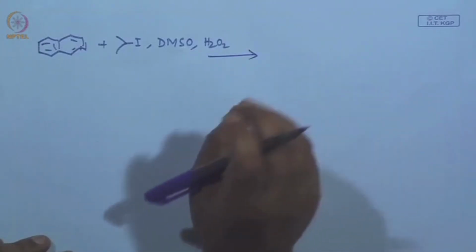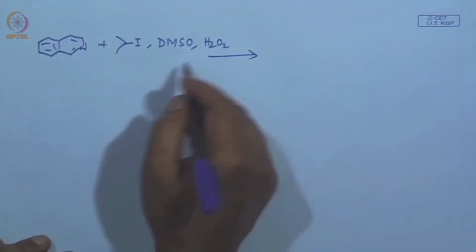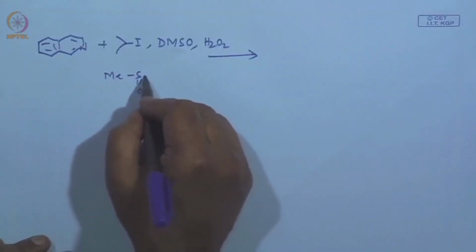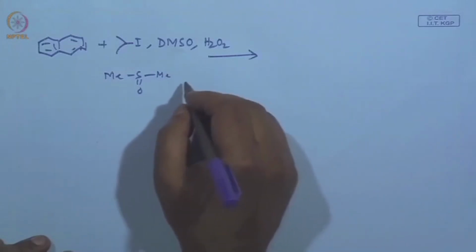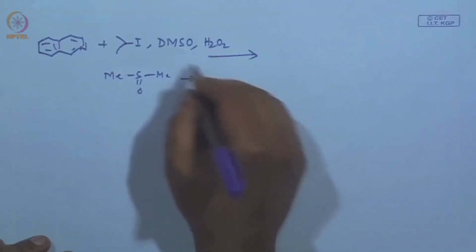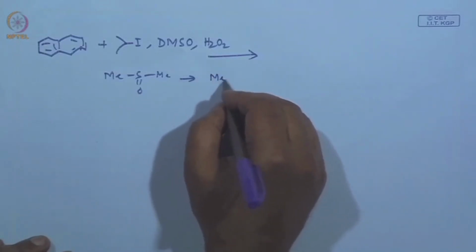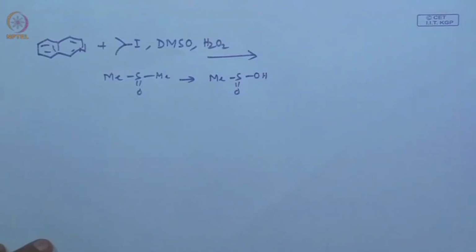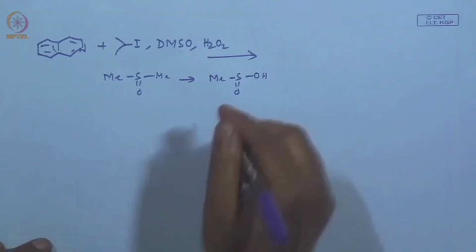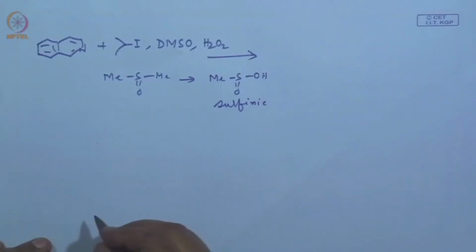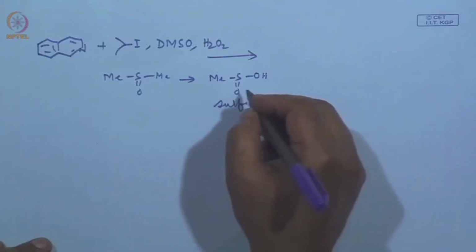So, somewhere some hydroperoxide will be generated. Actually, DMSO is this one, right. Then it undergoes oxidation with hydrogen peroxide, it goes to sulfinic acid, and we have worked on sulfinic acids.